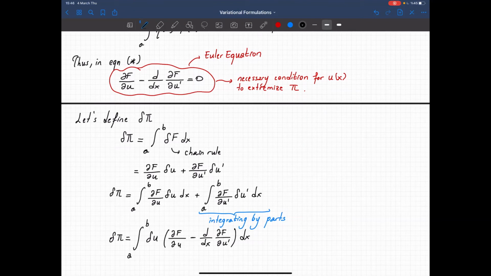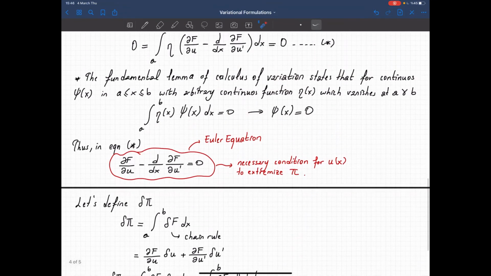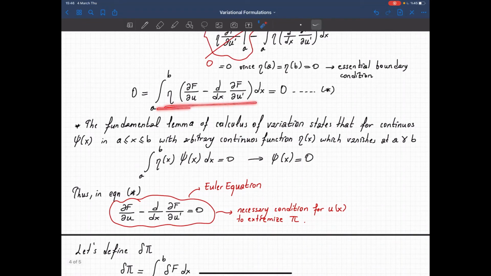As you see, I obtained the same equation as this one.